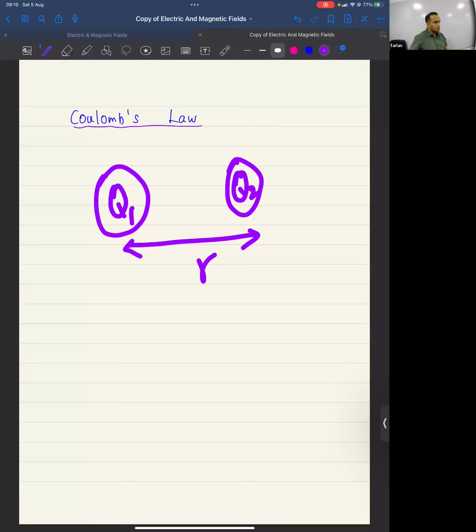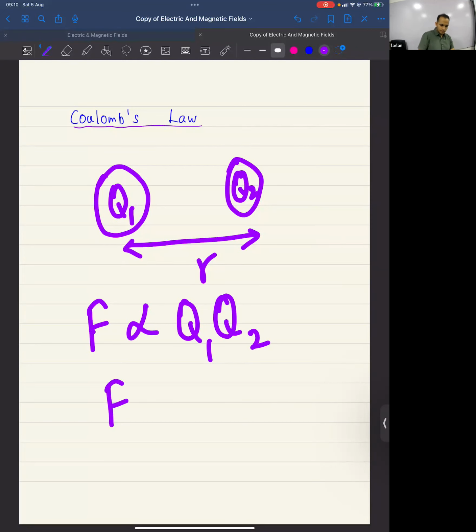So what's Coulomb's law? The force between 2 point charges is directly proportional to the product of the charges, and inversely proportional to the square of the separation between them. So F is proportional to Q1 Q2. Higher the charges, higher the force. And F is inversely proportional to the square of the separation.